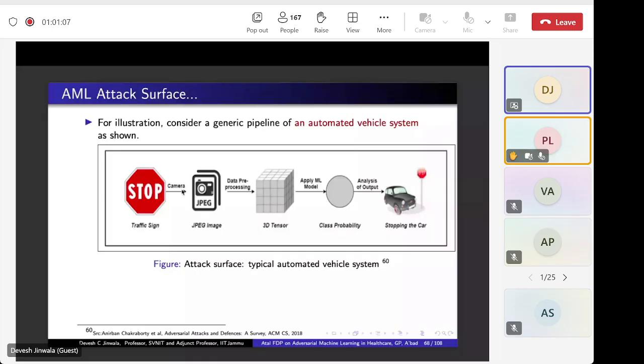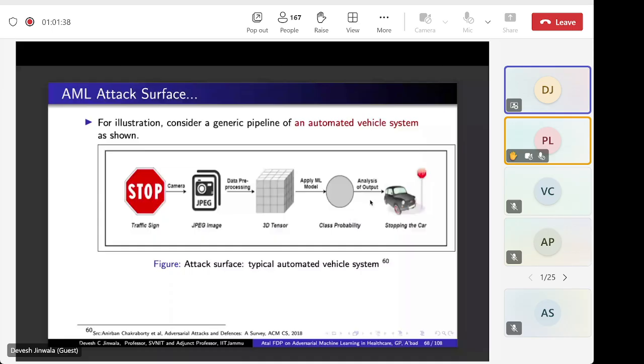It would take a snapshot of the stop sign using a camera. This would be processed as a 3D tensor, applied to the machine learning model to determine the class probability. So the machine learning application in this self-driven car would be trained in such a way that it would be able to identify this sign as the stop sign, and so the car would stop.